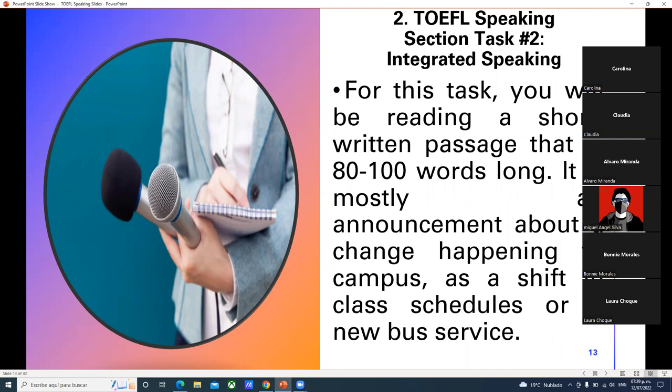If you were able to listen to my illustrations of the responses I gave, you don't have to state your opinion. If you, for example, believe that in our illustration the change that the university made in the sports center was wrong, you don't have to say so. No, you simply have to summarize what the speakers said and what the passage said.